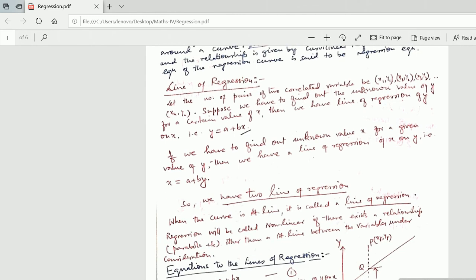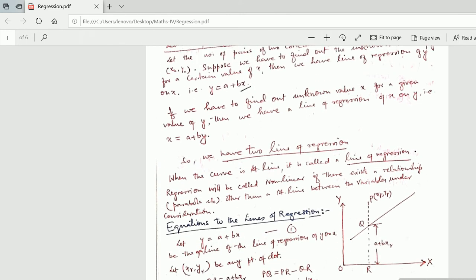Now see the line of regression, what it is. Let the number of pairs of two correlated variables be x1 y1, x2 y2, x3 y3, up to xn yn. Suppose we have to find out the unknown values of y for a certain value of x. Then we have the line of regression of y on x, that is y is equal to a plus bx.